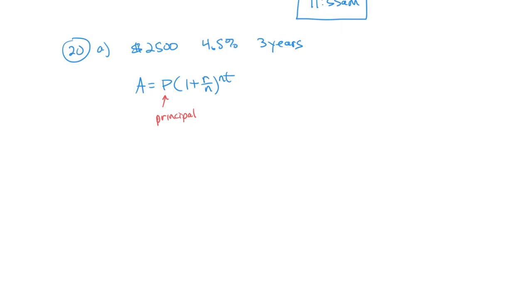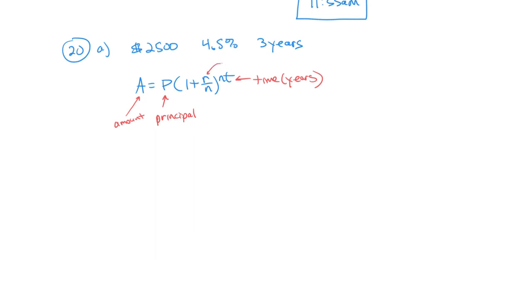And A is the amount that this principal will grow to over time. t is the time always in years. So if we had borrowed this for 6 months, t would be 0.5, right? Time is always in years.